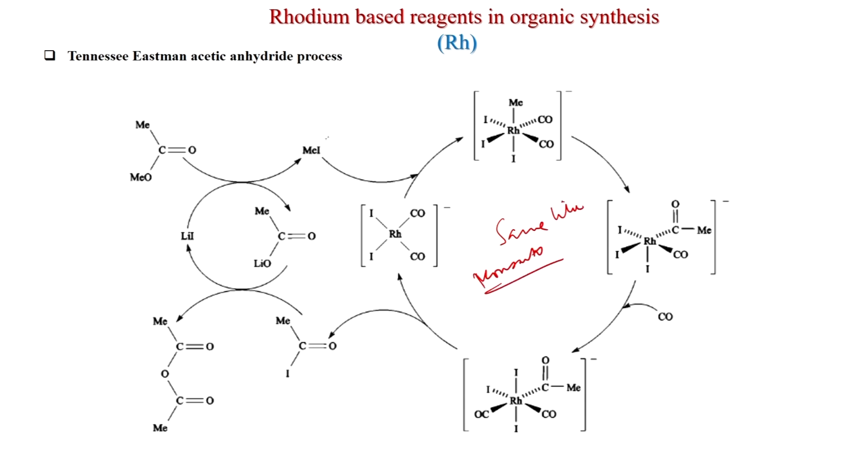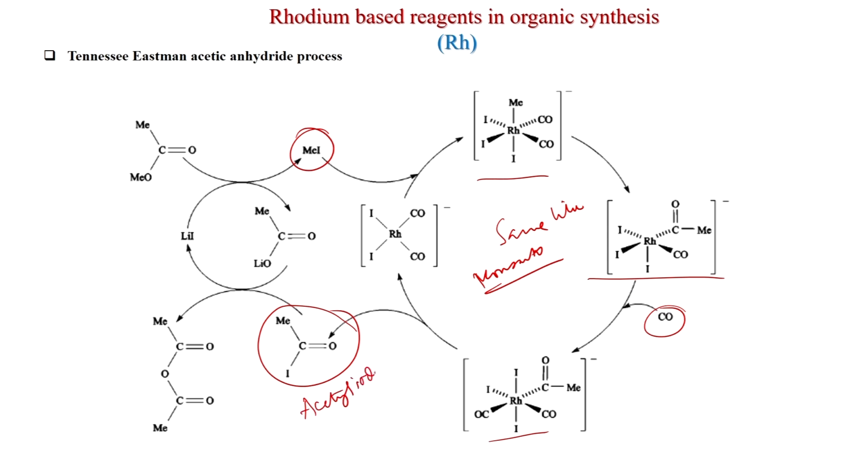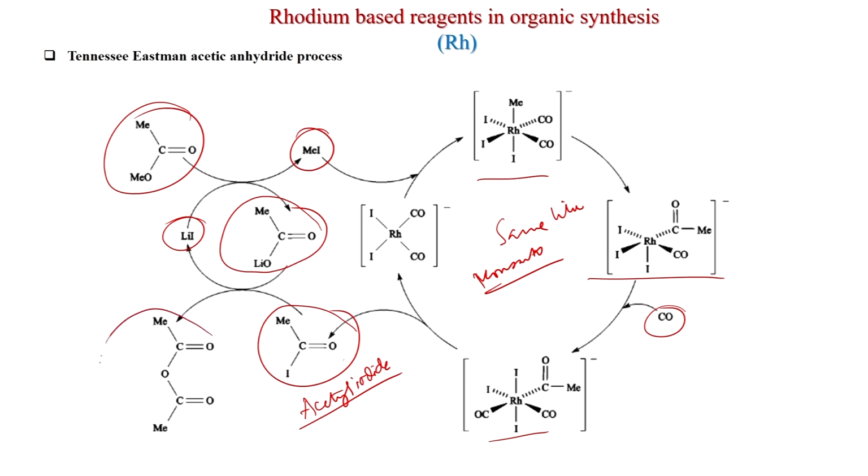Here this is the active intermediate, methyl iodide is coming, this is happening, then the migratory insertion of carbon monoxide is happening, and this is also the same, acetyl iodide. Now, here the methyl acetate will generate methyl iodide by reacting with lithium iodide, and in this way the lithium salt of acetic acid is generated, and that reacts with the acetyl iodide to generate acetic anhydride.